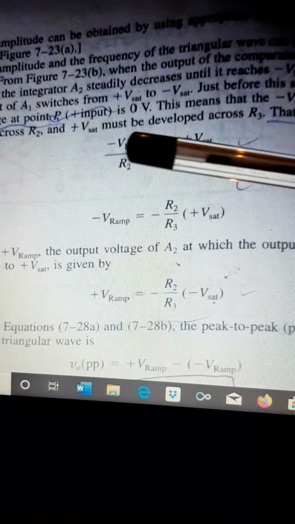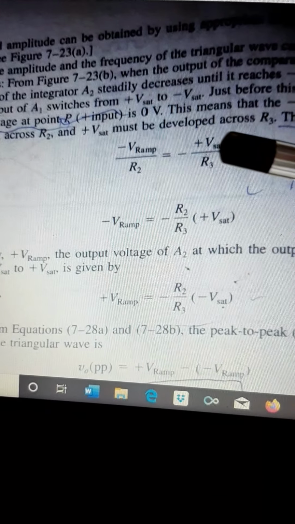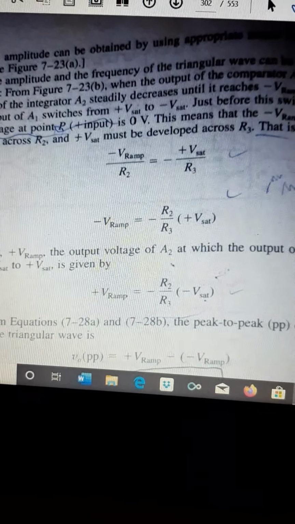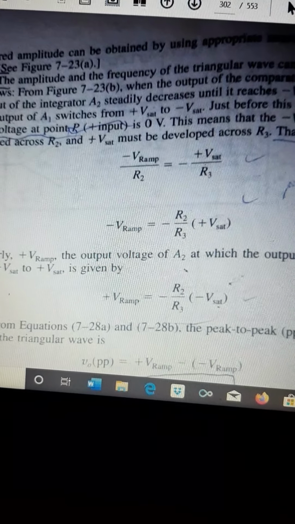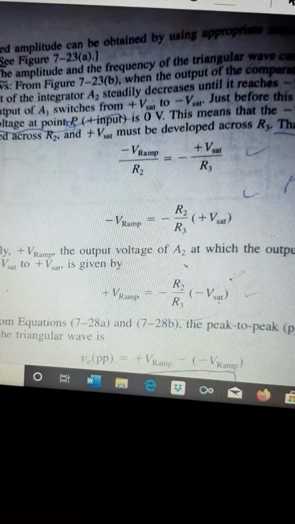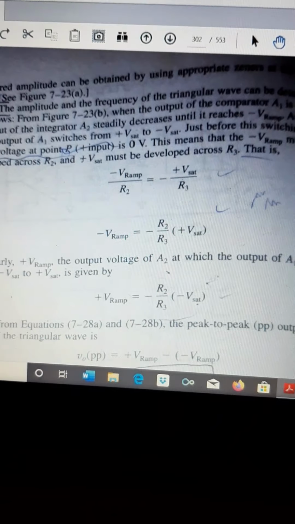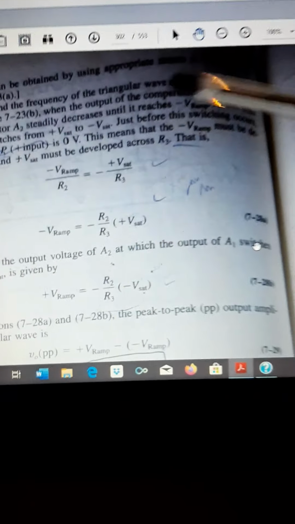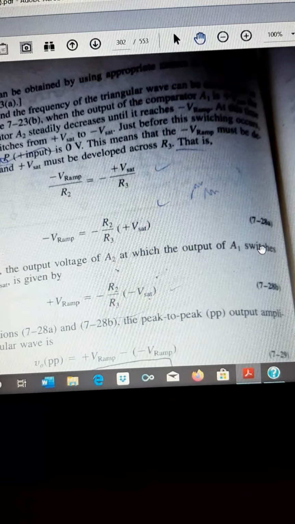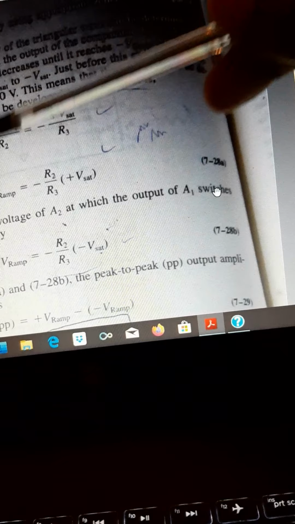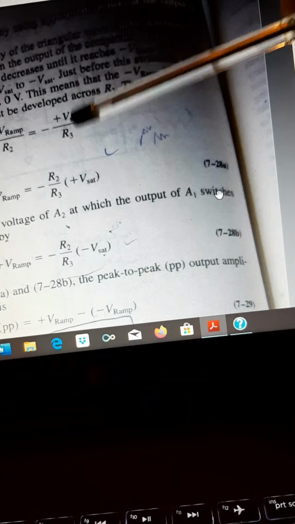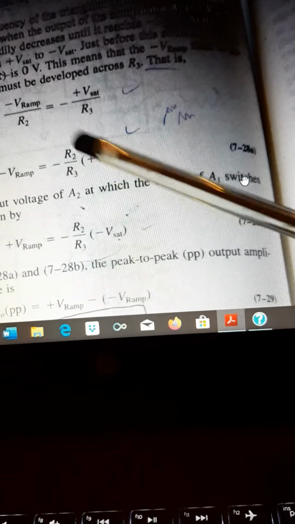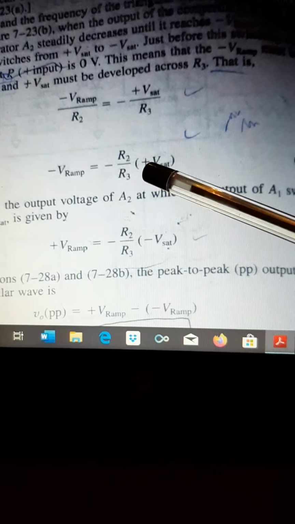So we can equate minus Vramp divided by R2 is equal to minus plus Vsat by R3. So minus Vramp is equal to minus R2 by R3 into plus Vsat.